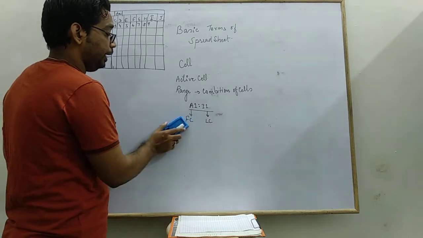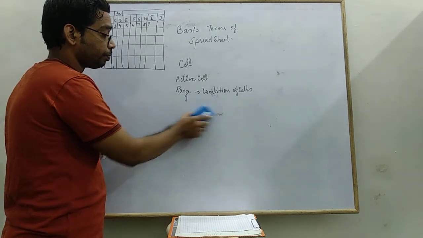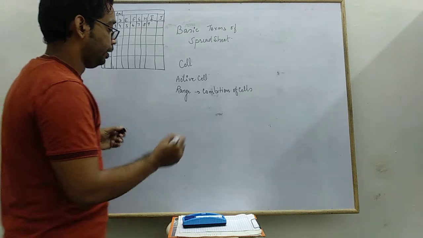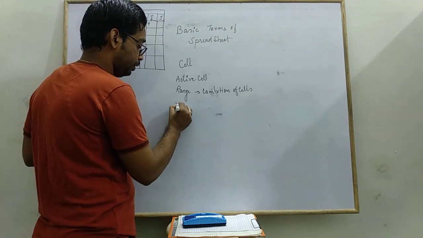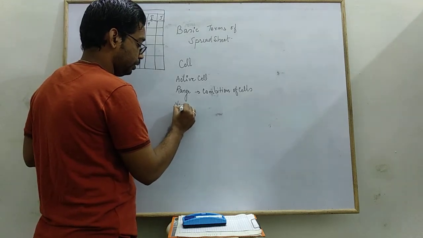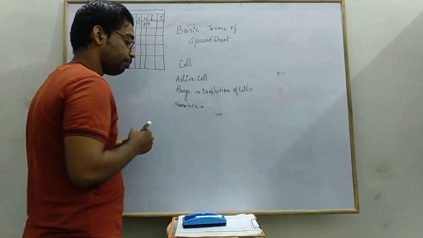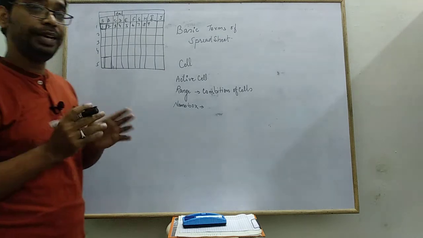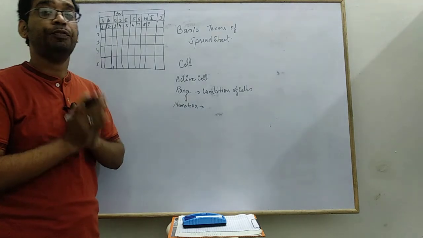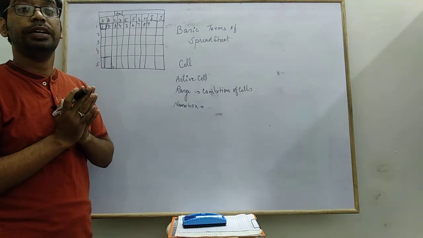Okay, the next one is the name box. Name box is a place where the name of the active cell is displayed.